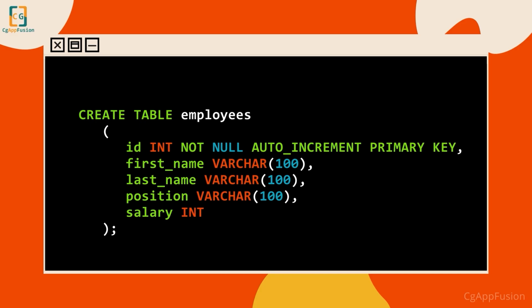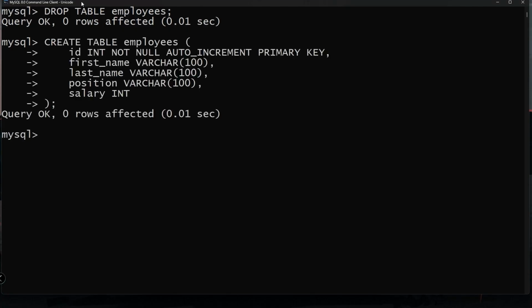So in our new table, we are going to have ID, which will have auto increment enabled. Then we are going to have first name, last name, position of the employee, and then we are going to have the salary. If you want, you can just copy after me, but I suggest that you check the lecture resources and you will find this exact query, so you can just copy and paste.